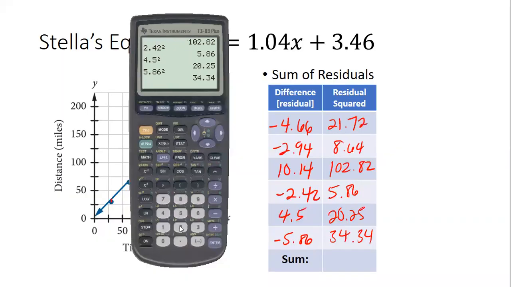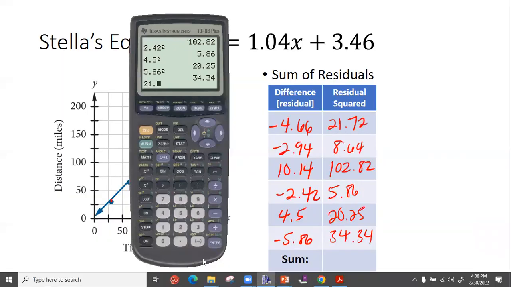So we have 21.72 plus 8.64 plus 102.82 plus 5.86 plus 20.25 plus 34.34.